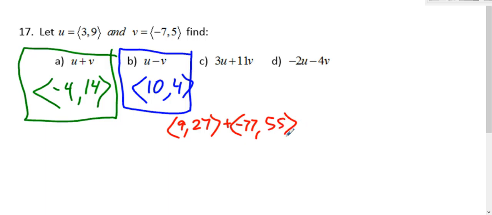And those are the numbers that we're adding together. So 9 minus 77 is -68. And then 27 plus 55, 82.